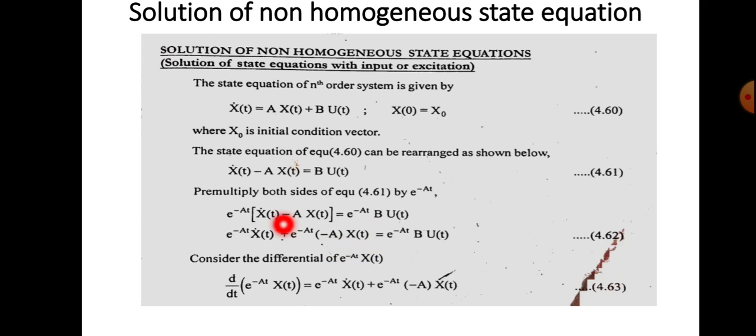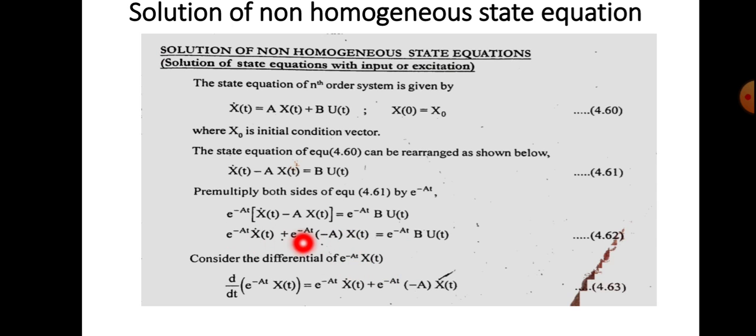Here you can substitute this term by d by dt of e raised to minus at into x of t. See, when you take the derivative of e raised to minus at into x of t, you will find that its derivative is e raised to minus at into x dot of t plus e raised to minus at into minus a into x of t. So this is this equation.